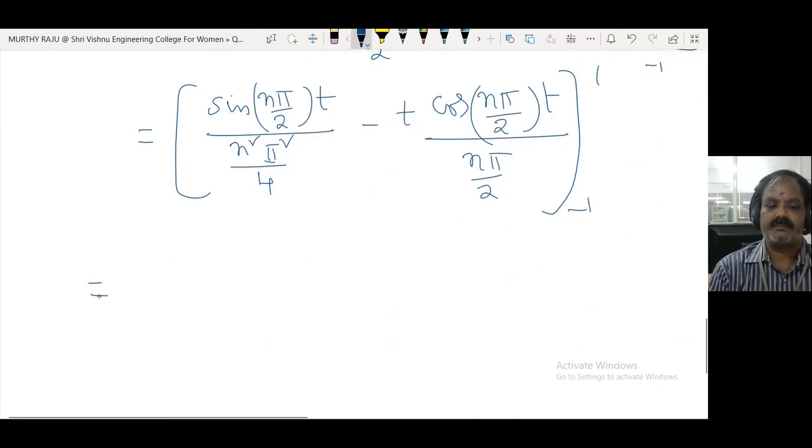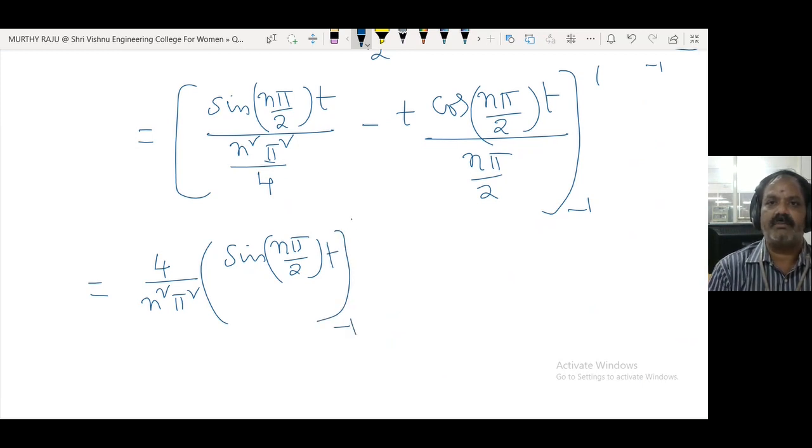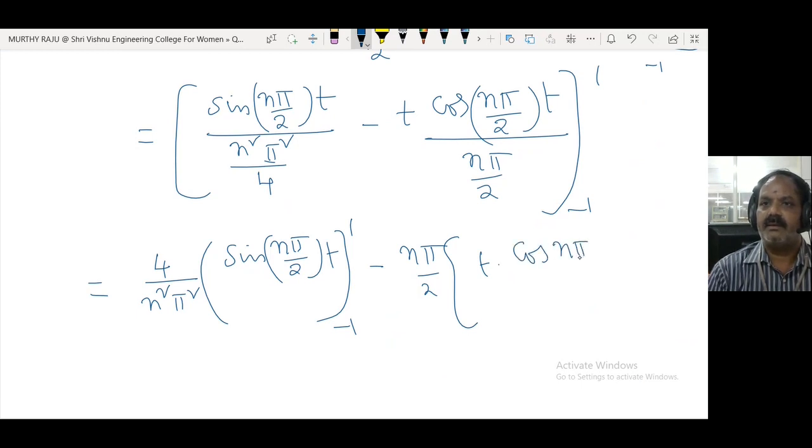That is equal to 4 by n square pi square sin(n pi by 2 t) from minus 1 to plus 1, here n pi by 2 t cos(n pi by 2), minus 1 plus 1.